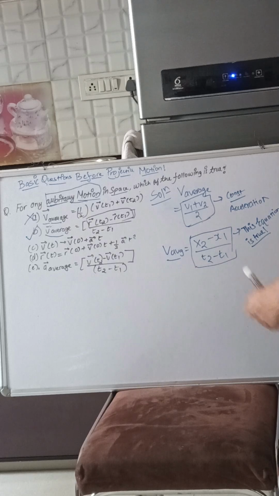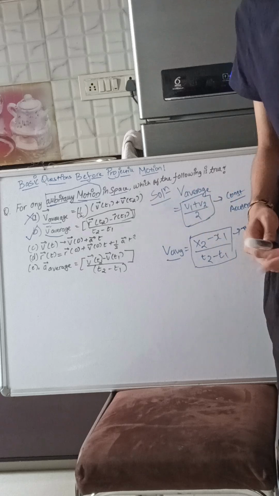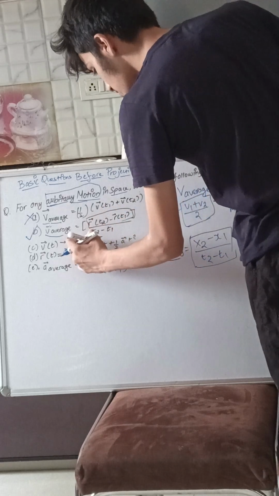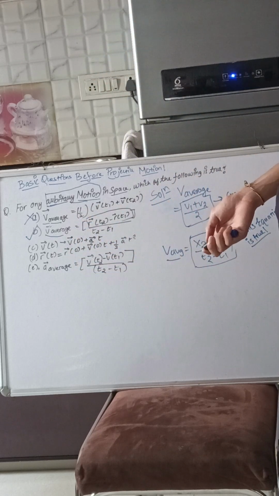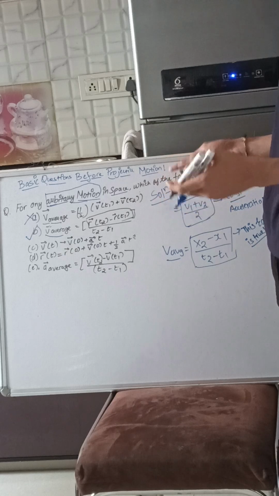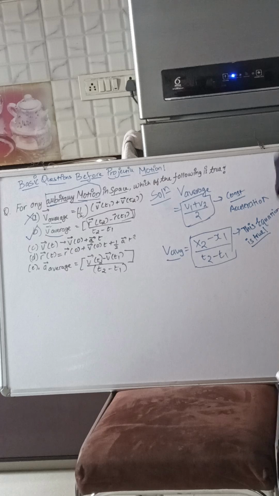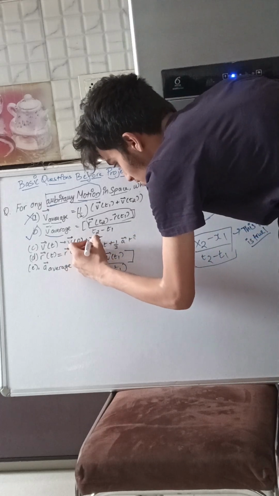Alright. Coming to the third option, there's no need to even write down the formulas because we can already see the acceleration in it. So this has to be wrong, because, wait, I'm so dumb, okay, acceleration is included.